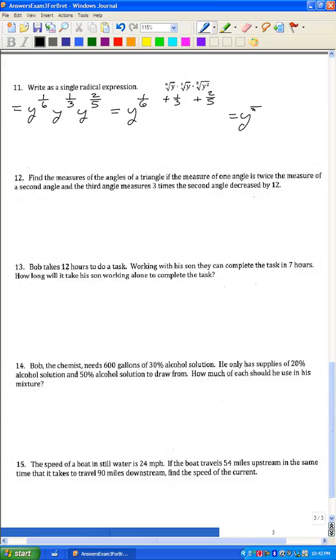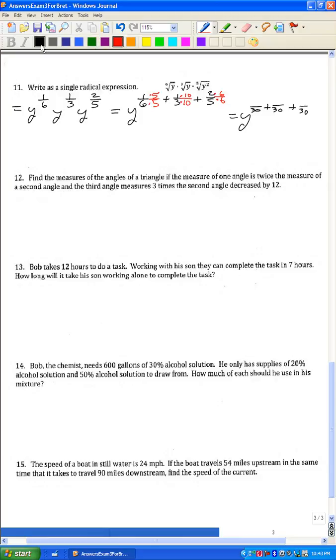30. So let me multiply and divide by 5, 10, 6.